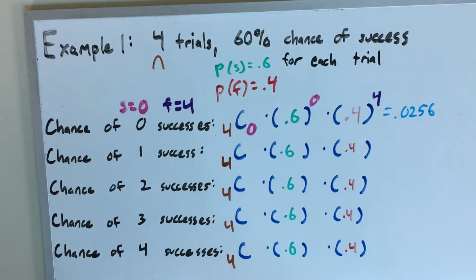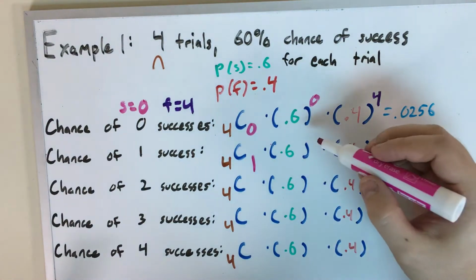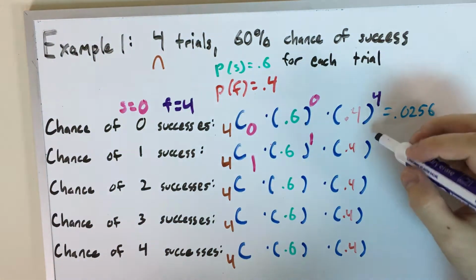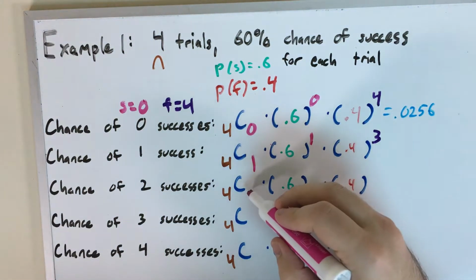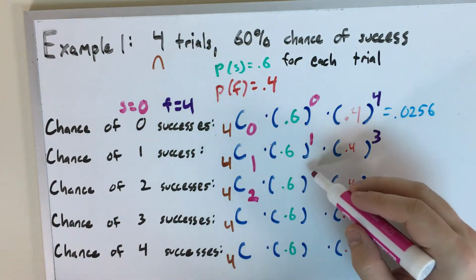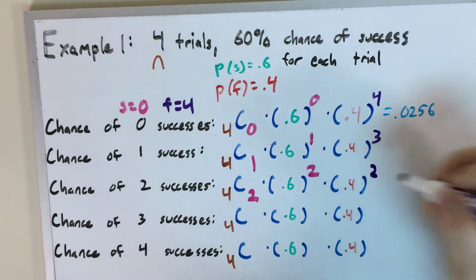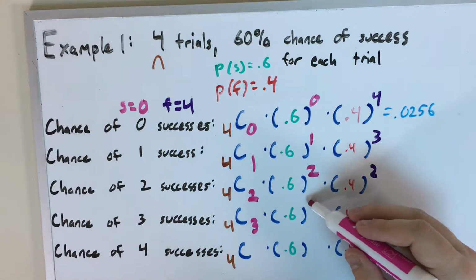So for instance, if I'm trying to find the chance of 1 success, this is 4 choose 1 times 0.6 raised to the 1st power. And then if I'm doing something 4 times and I'm succeeding once, I'm failing 3 times. And then for the chance of 2 successes, this is 4 choose 2 times 0.6 to the 2nd, and then times 0.4 to the 2nd. 3 successes would be 4 choose 3.